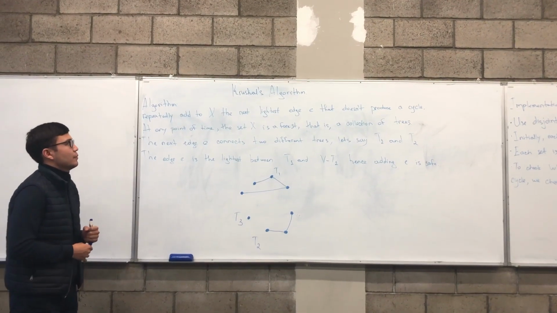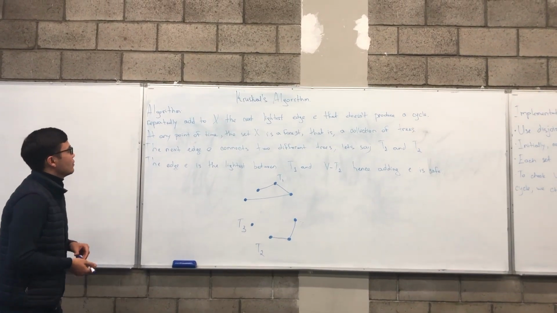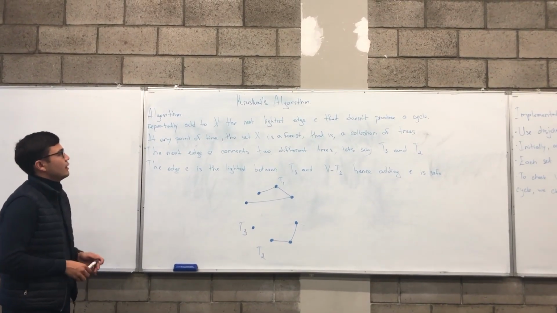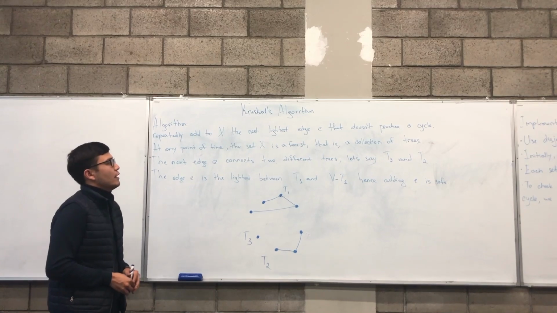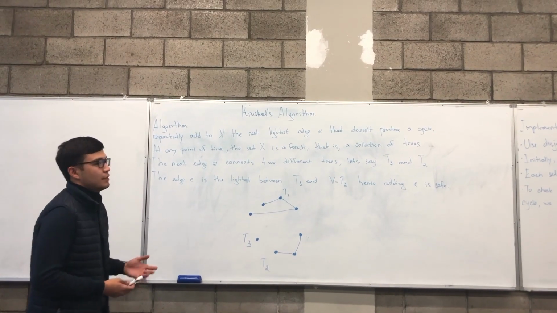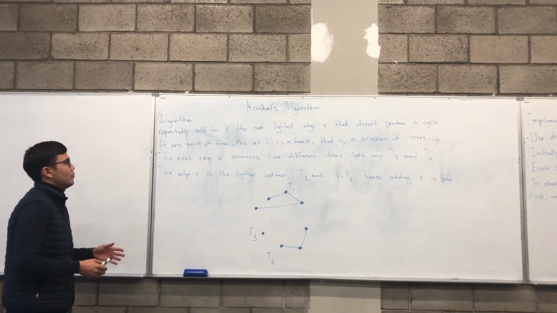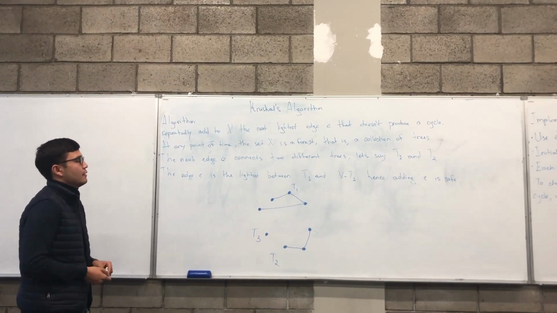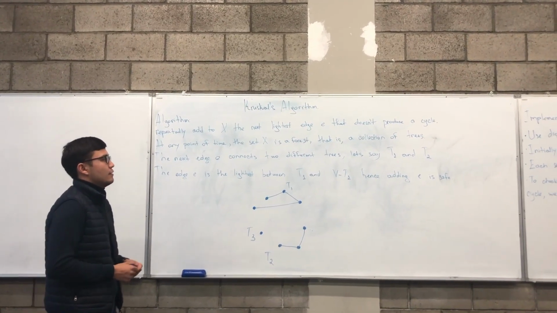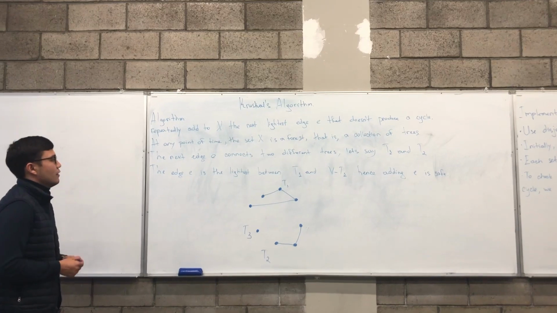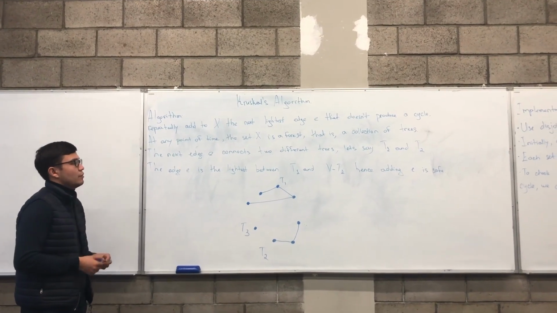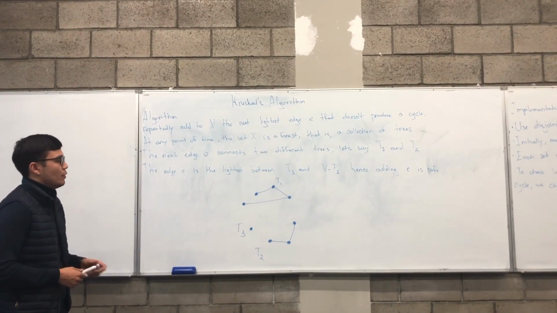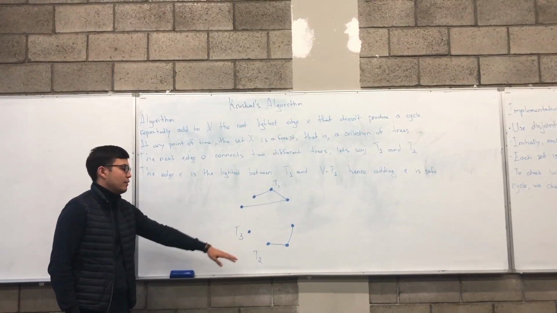So our next topic is Kruskal's algorithm. The algorithm repeatedly adds to X the next lightest edge e that doesn't produce a cycle. At any point in time, the set X is a forest, that is, a collection of trees. So the next edge e connects two different trees, let's say T1 and T2.